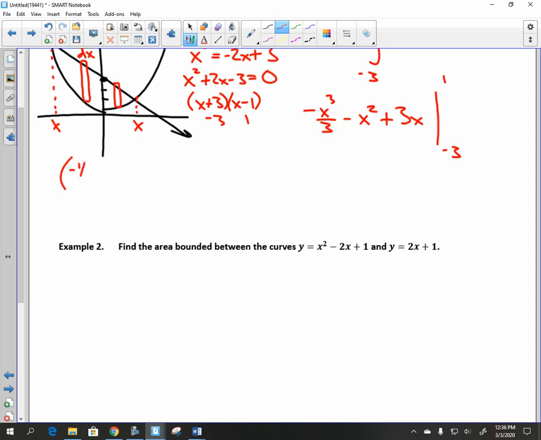Negative 1/3 minus 1 plus 3 minus, now I plug in negative 3. Negative 3 cubed, negative 27, times a negative, positive 27 divided by 3. 9. Minus, plus. Look at that. It's just like, yay, we're straight up that.